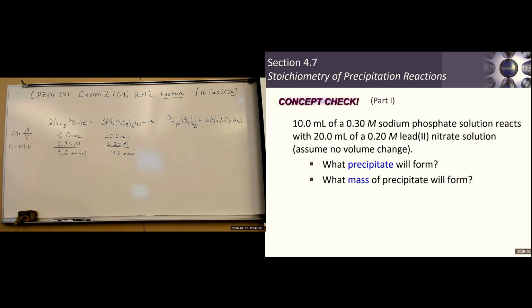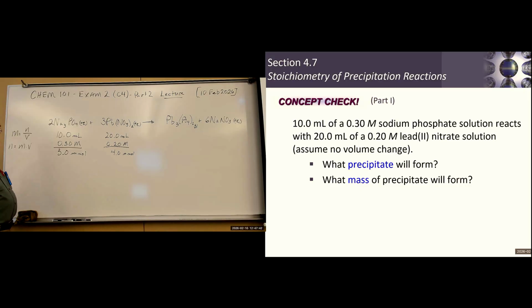Next question we have to answer is, since we're given absolute amounts of each one, you can bet your last dime one of them's going to run out first. One of them's going to be limiting. We have to find out which one's limiting.